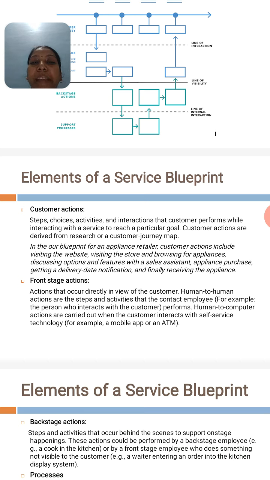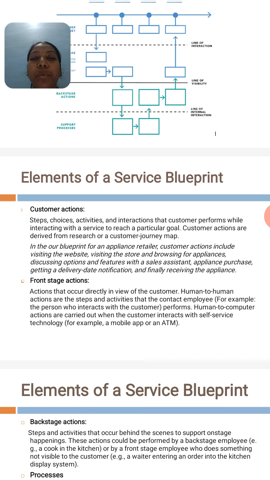First, customer actions: steps, choices, activities, and interactions that the customer performs while interacting with a service to reach a particular goal. Customer actions are derived from research or a customer journey map.